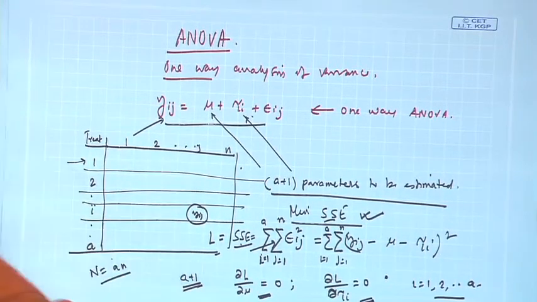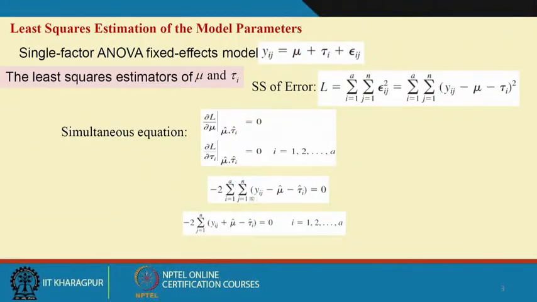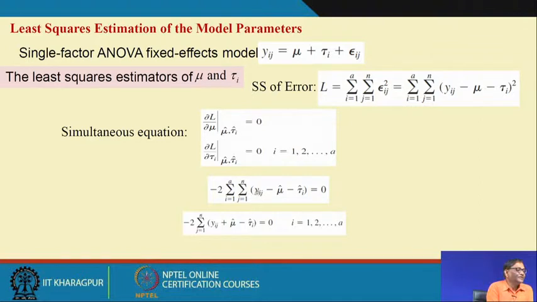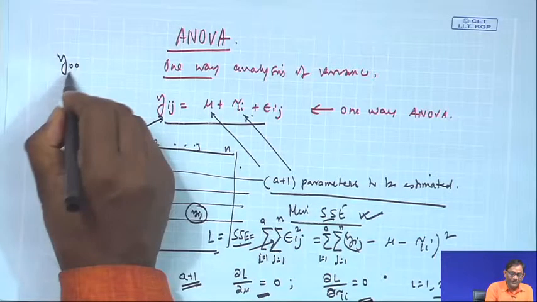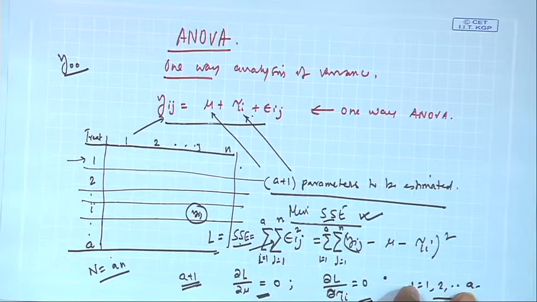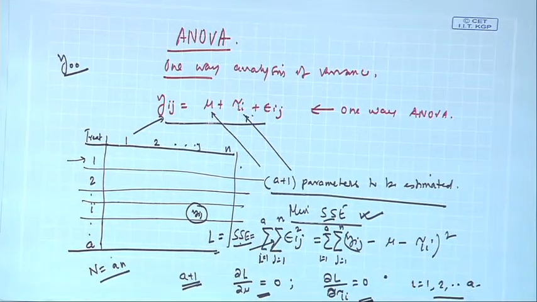So, as a result, when you put the number of observations into the equation, this will be N, the sum of all y_ij, which is nothing but y total. What is y total? y dot dot. That is what we have computed earlier.